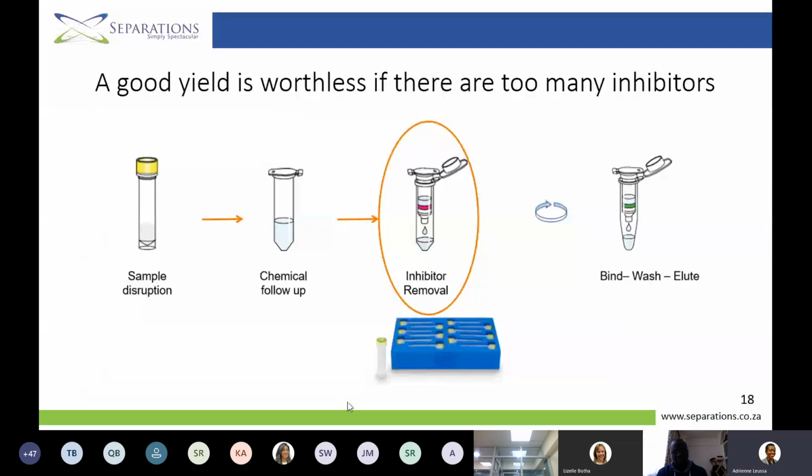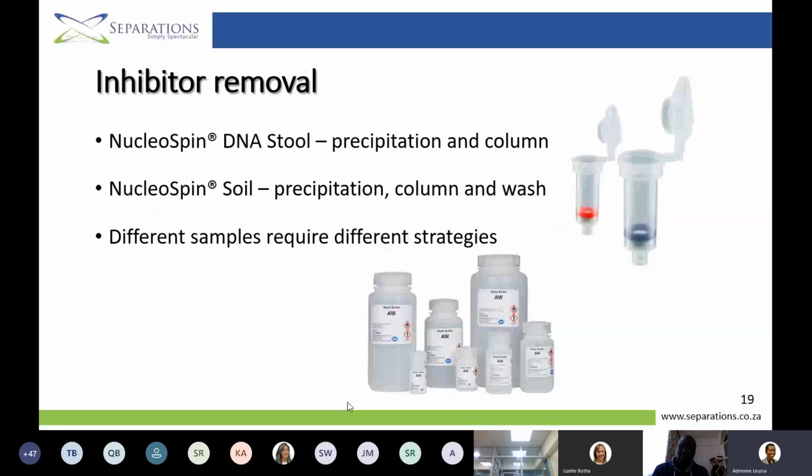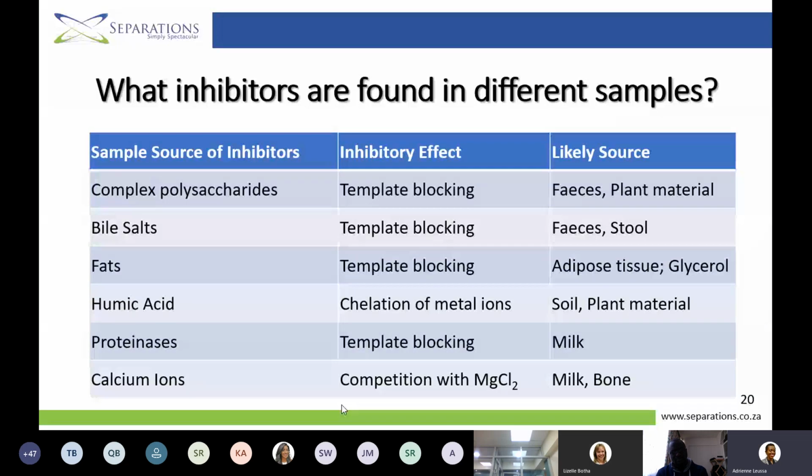Right, and finally, as a third strategy in the pre-treatment of your samples, you also want to look at strategies for removing inhibitors. And for this, you have columns and precipitation strategies, as well as wash steps, and these are differentially employed in different kits for specific characteristics of the sample type. So what are some of these inhibitors that we find in environmental samples?